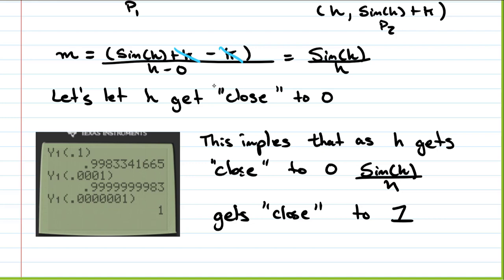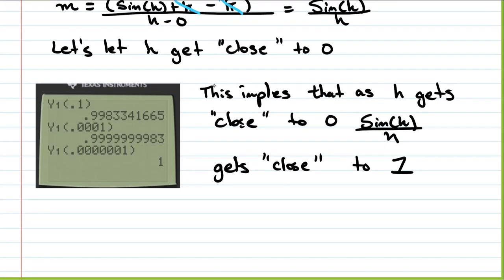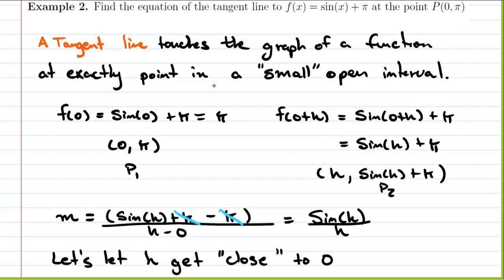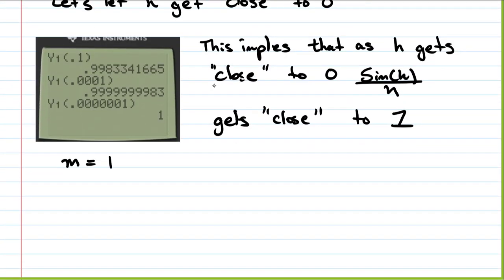So we would guess then that the slope is m equals 1, and we found the slope at the point (0, pi).